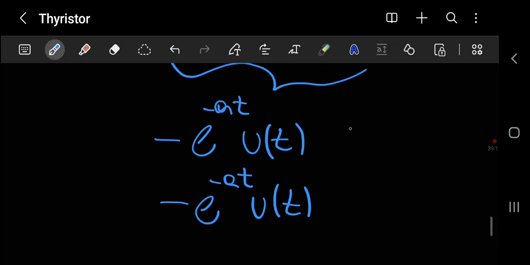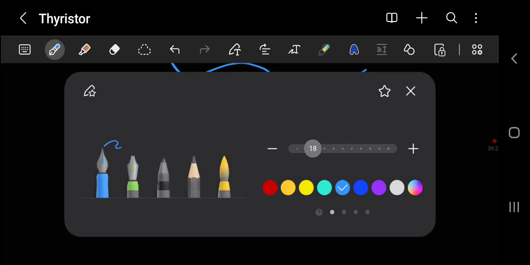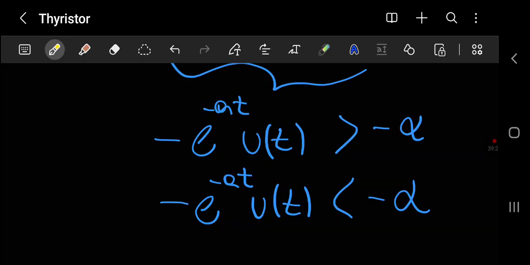We have these two transformations for greater than minus alpha and less than minus alpha.